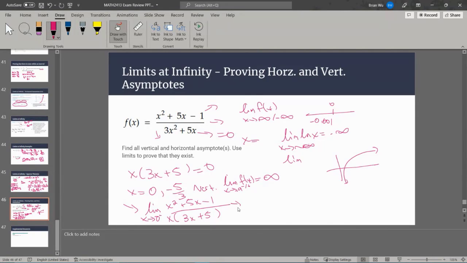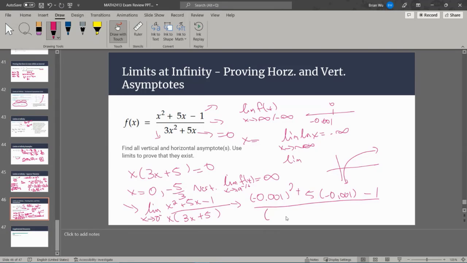We could do something like -0.001. And we see that the top is quite small, but that constant is still quite large here. So it doesn't really matter what the numbers are. We just want to see what happens to it.